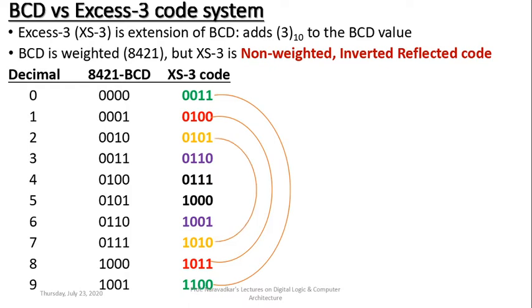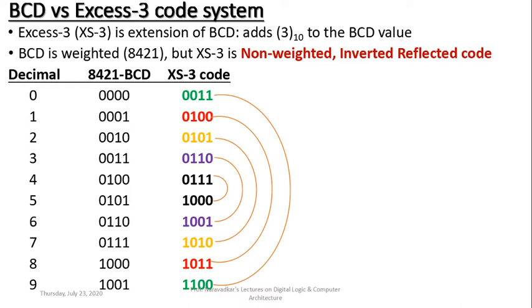Next is yellow colored, pertaining to decimal 2 and decimal 7 in XS3. Next is violet colored, pertaining to decimal 3 and decimal 6. And finally, pertaining to decimal 4 and 5, shown by the black color.